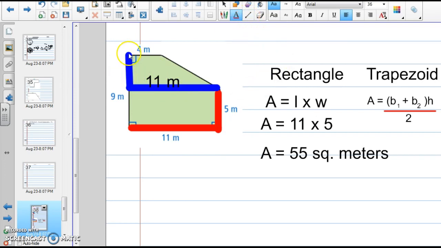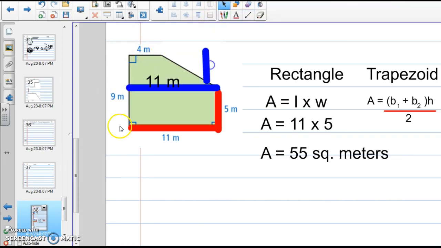Okay, now we need to know just this height of the trapezoid. What you should notice is that 9 meters, I'm going to move this for just a minute, 9 meters is the distance from here all the way up the figure. Well, if you'll notice that this distance is 5 meters, which means this small distance is also 5.